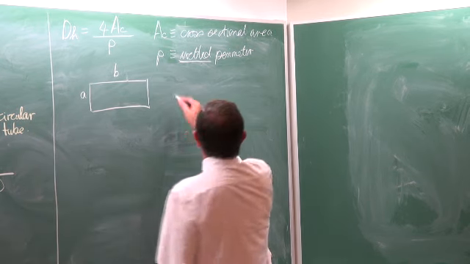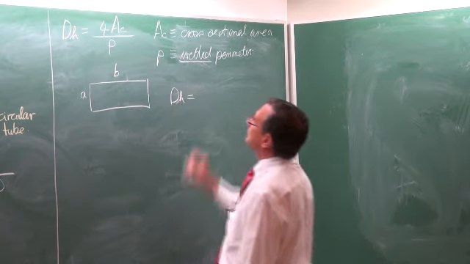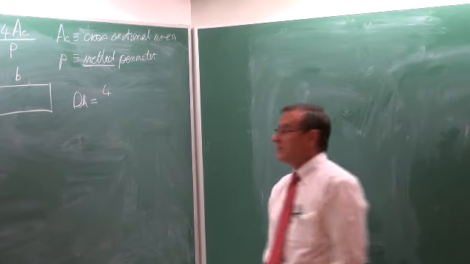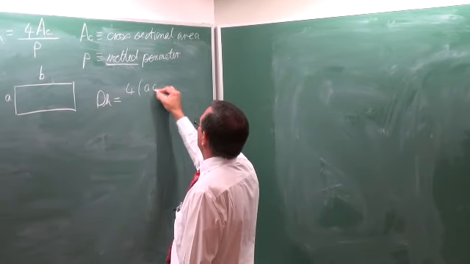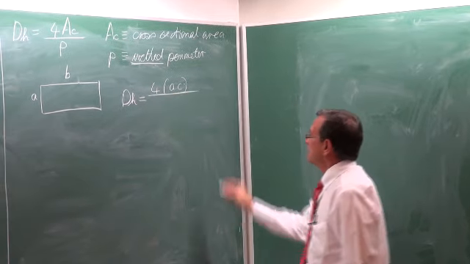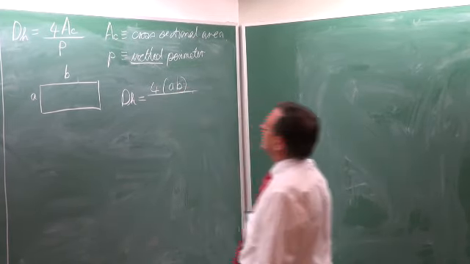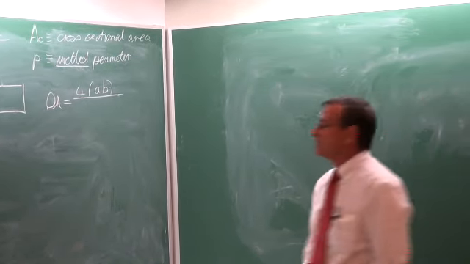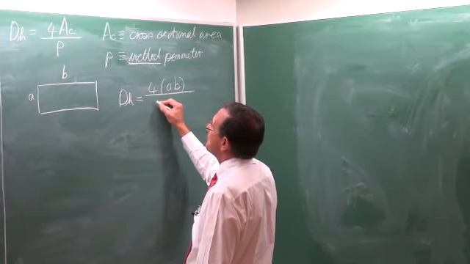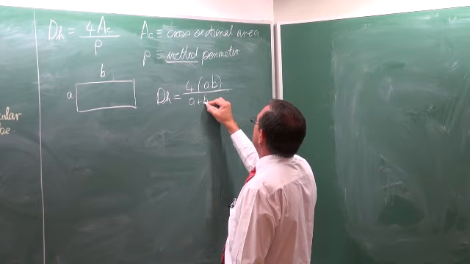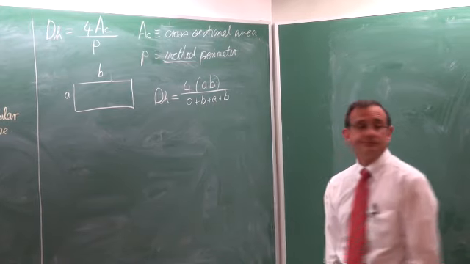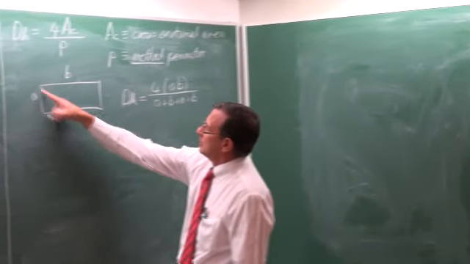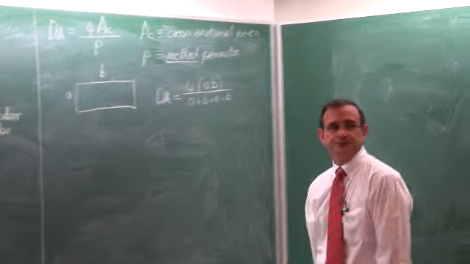So the hydraulic diameter is equal to 4 times the cross-sectional area, and the cross-sectional area is equal to A multiplied by B. The wetted perimeter is equal to A plus B plus A plus B. You agree?